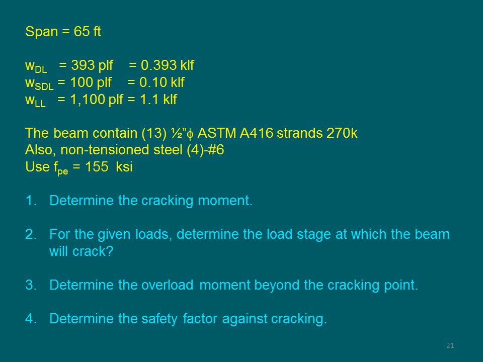Additional dead load or superimposed dead load, WSDL, is going to be 100 PLF. The live load is a little bit higher. It's going to be 1.1 KLF, kips per linear foot. This beam includes 13, half-inch, grade 270 strands, with F sub U of 270 KSI.